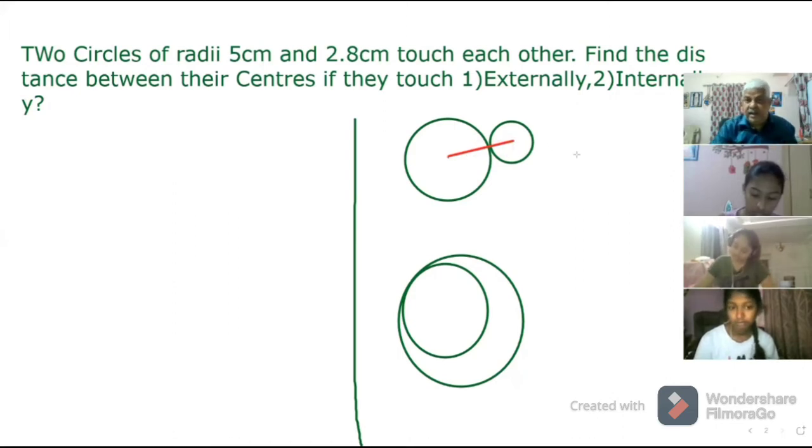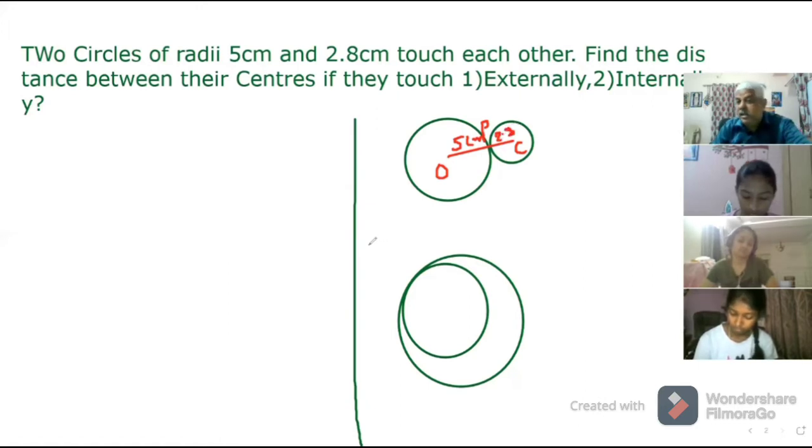So first, I take the external touching circles diagram. Okay, dears. And here I take the first circle's center as O, the second circle's center as C. And observe, dear children, where they are meeting in the middle, that I consider as P. Now OP measurement they said is 5 centimeter and PC measurement they said is 2.8 centimeter.